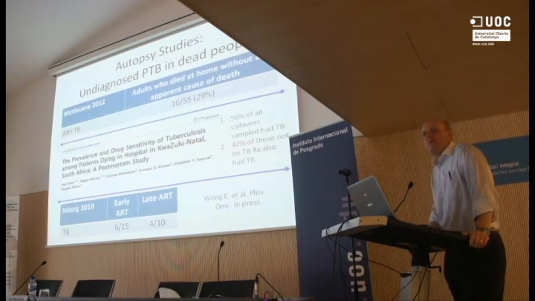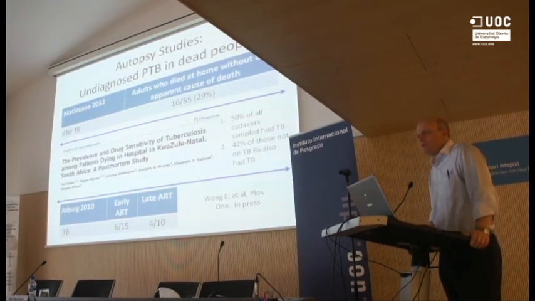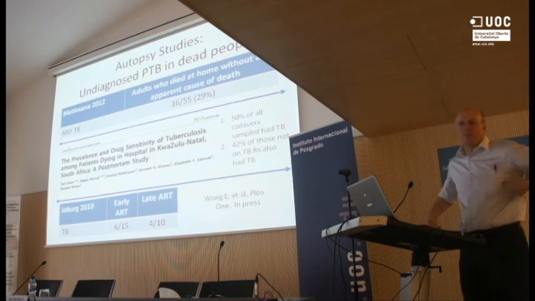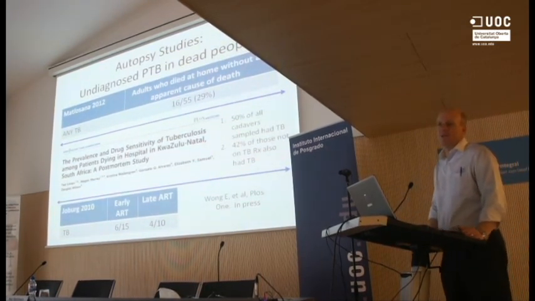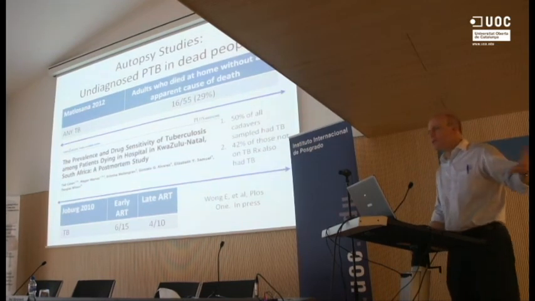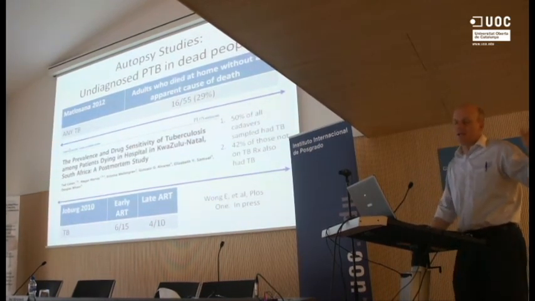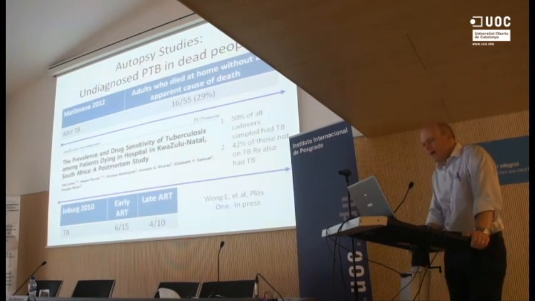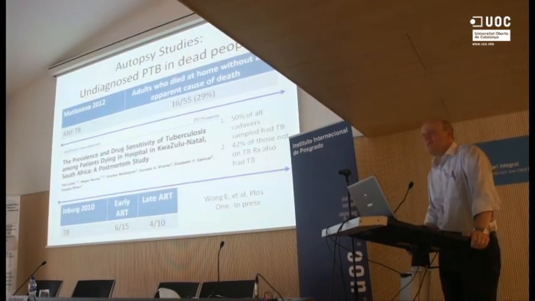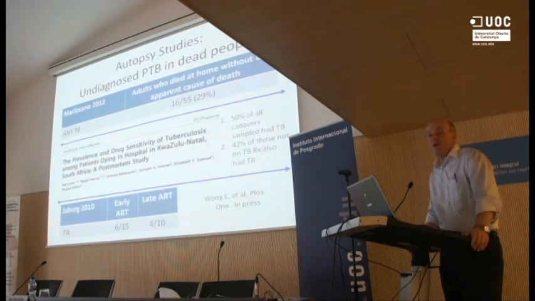These were people where there was no clear cause of death. And we did a Tru-Cut biopsy in both of their lungs, and we did a modified bronchoalveolar lavage. So in the mortuary, this is what we did on the corpse, and we asked the family, after getting consent, about some of their symptoms. And we found that 29% of these people who apparently had no cause of death had infectious pulmonary TB.